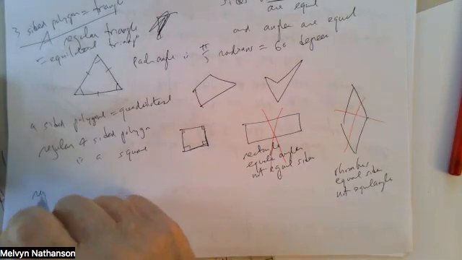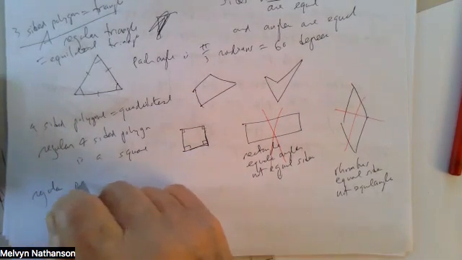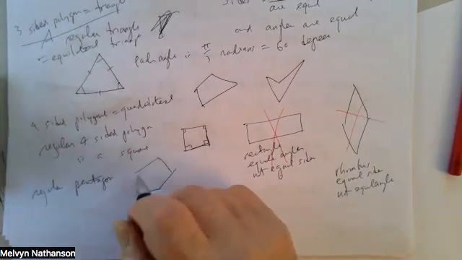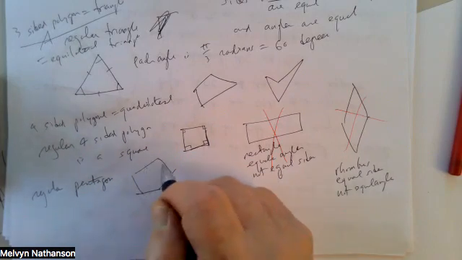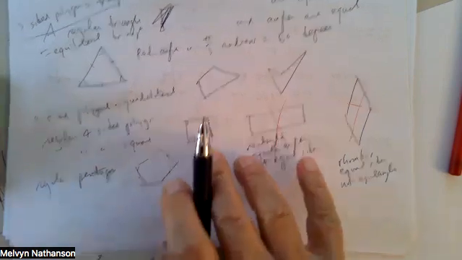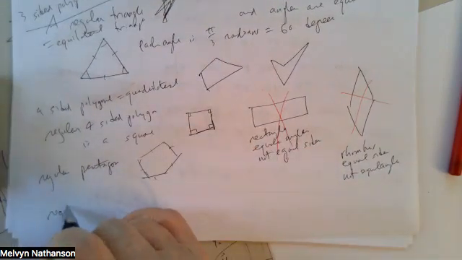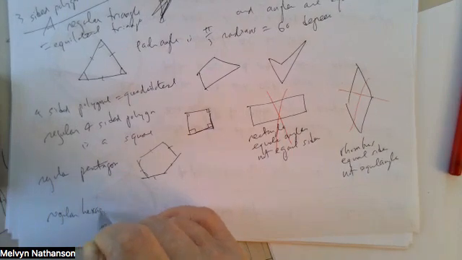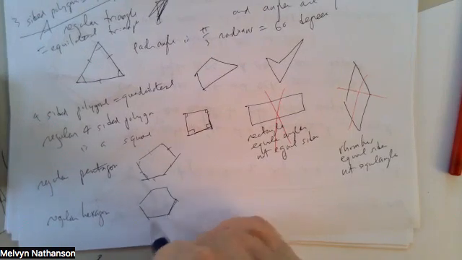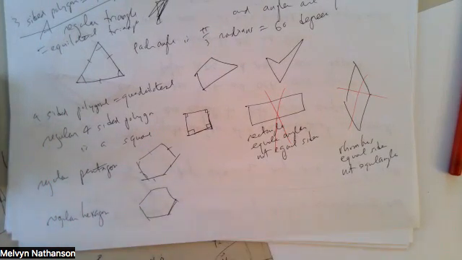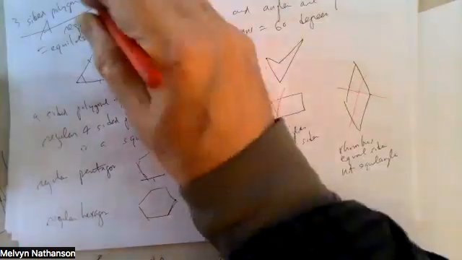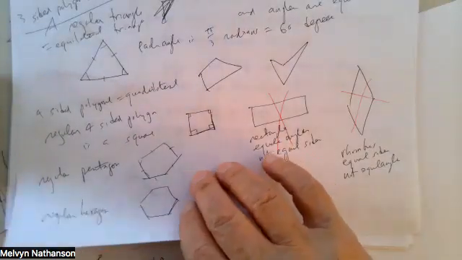You can have a regular pentagon, with all the sides and all the angles equal. There's a regular hexagon, which is very easy to construct. It has 6 sides and all the angles are equal. So these are what are called regular polygons, and they were of great interest in Greek geometry.